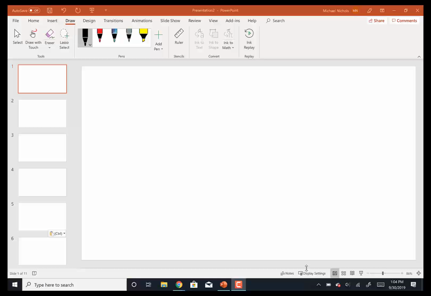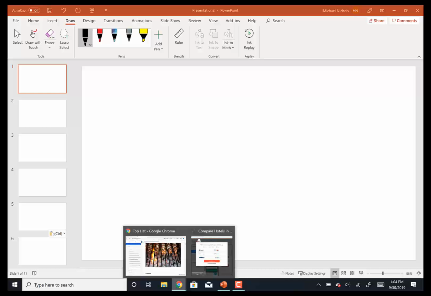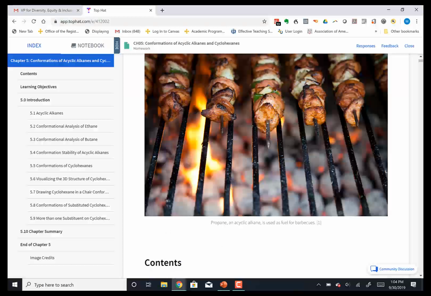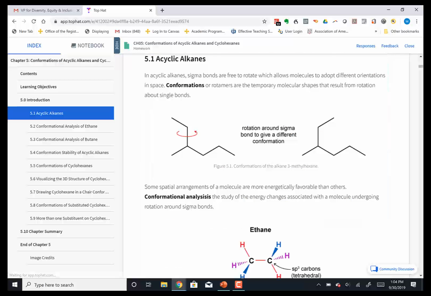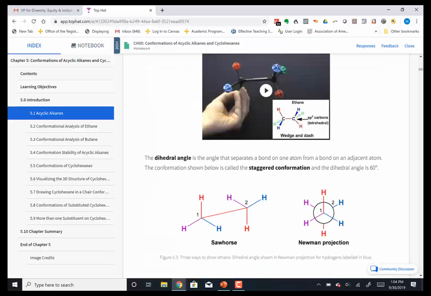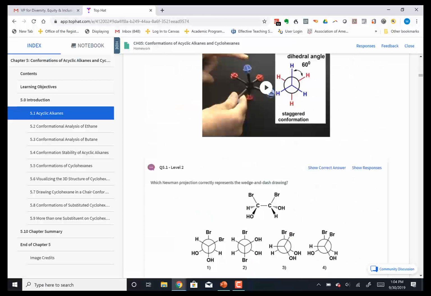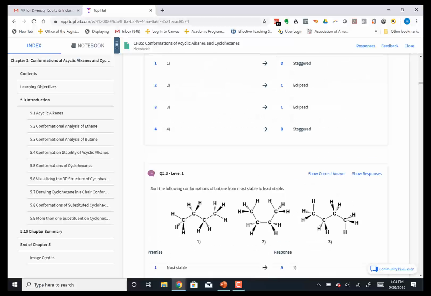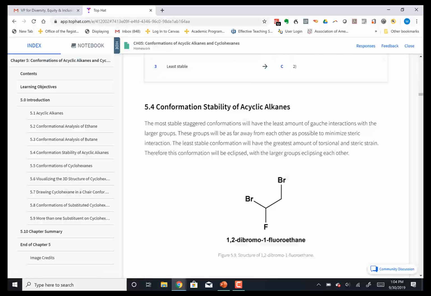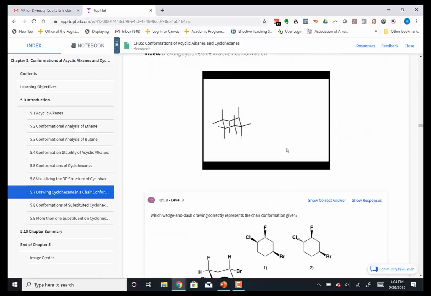For a question, you are on Top Hat. Somebody understands that chlorine was given a solid wedge. Which question was that? Number 8. 5.7. Oh, there it is.